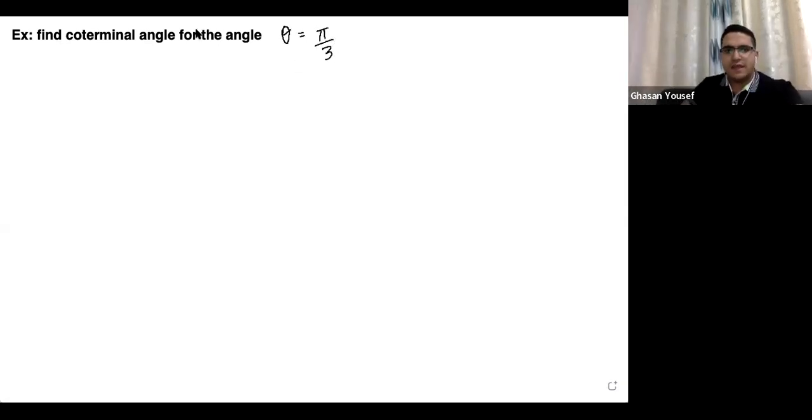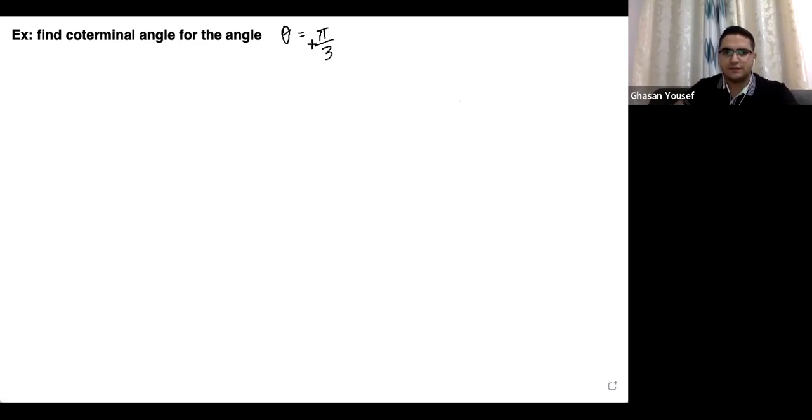This angle is in the standard position. First of all, like I said before, you have to graph the location of this angle to know exactly where it is. This angle has its initial side on the positive x-axis. So here is the positive x-axis, this is the initial side. Now, pi over 3 is less than pi over 2.